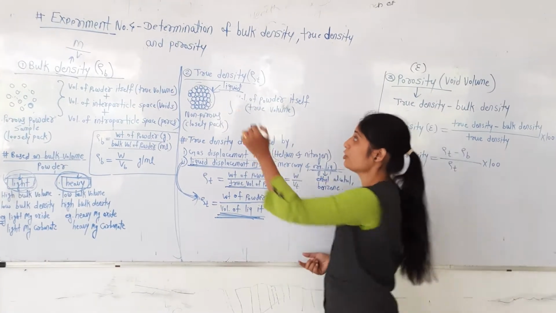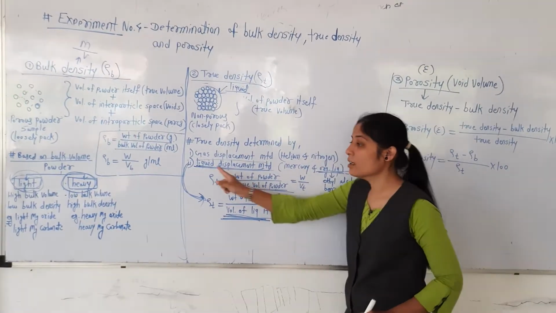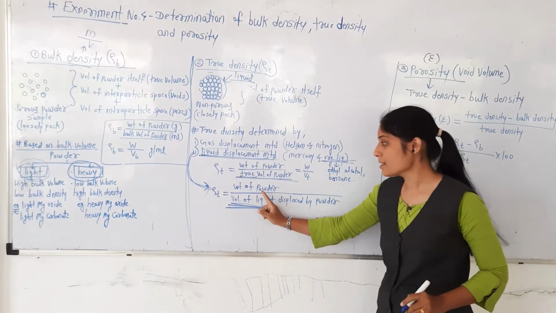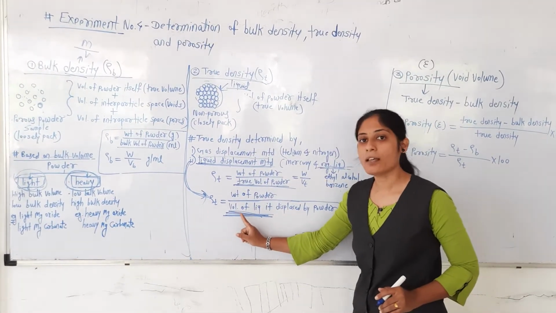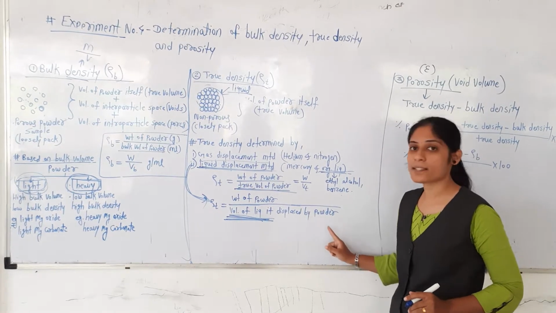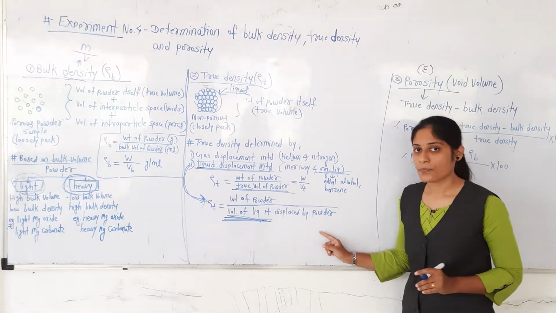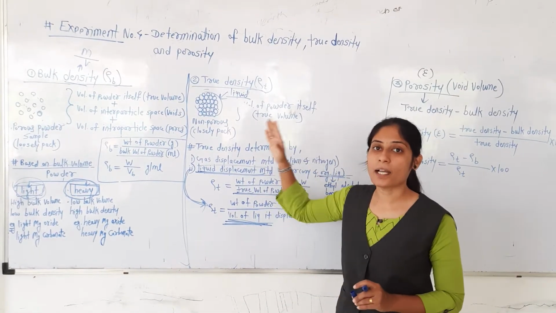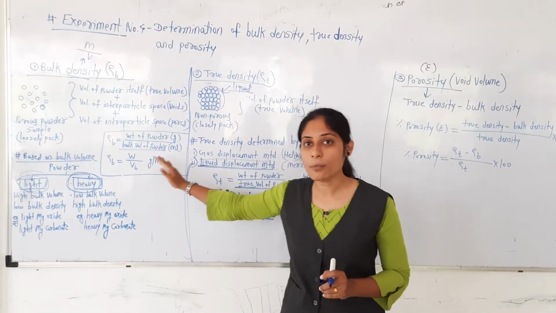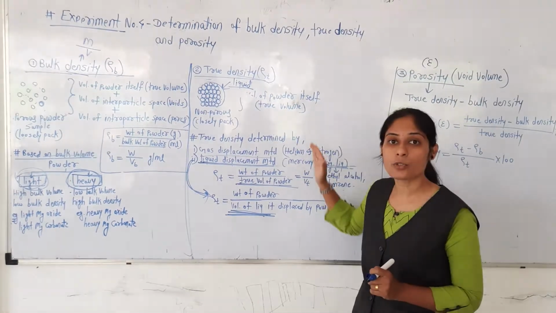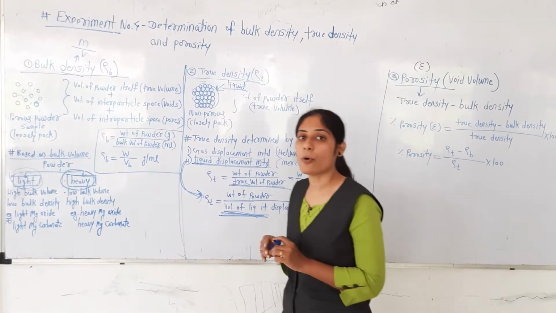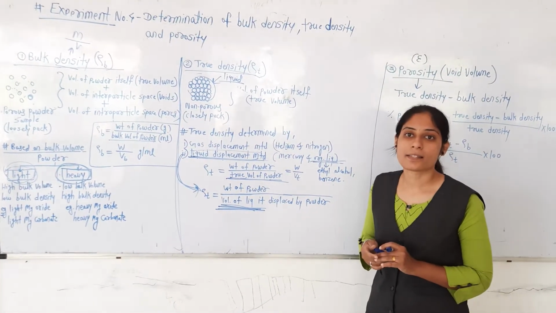So for determination of true density we use the liquid displacement method, with the formula weight of powder divided by volume of liquid displaced by powder. This is the difference between bulk density and true density. In bulk density we consider the bulk volume, in true density we consider the true volume, but the actual formula is the same, weight of powder sample upon volume of powder sample.